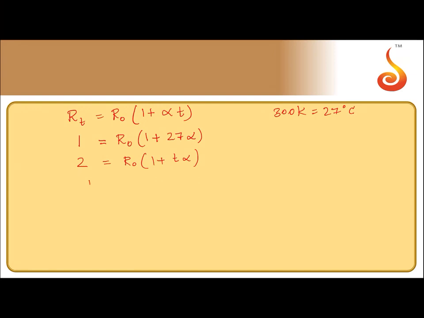So you get 1 by 2 is equal to 1 plus 27 alpha divided by 1 plus T alpha. So cross multiply, you will get 1 plus T alpha is equal to 2 plus 54 alpha.